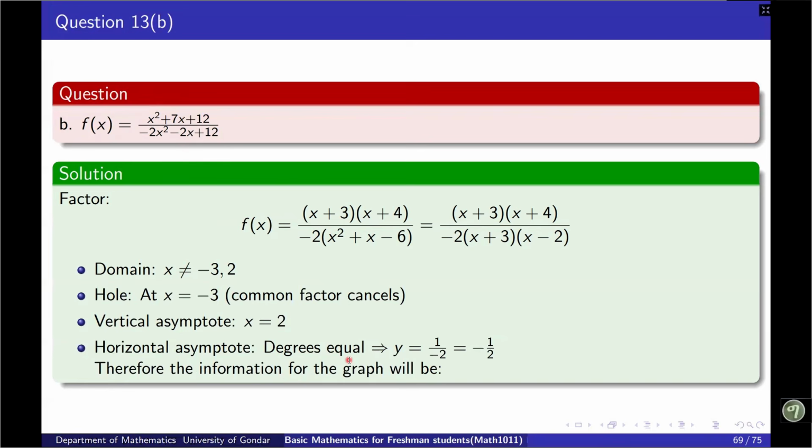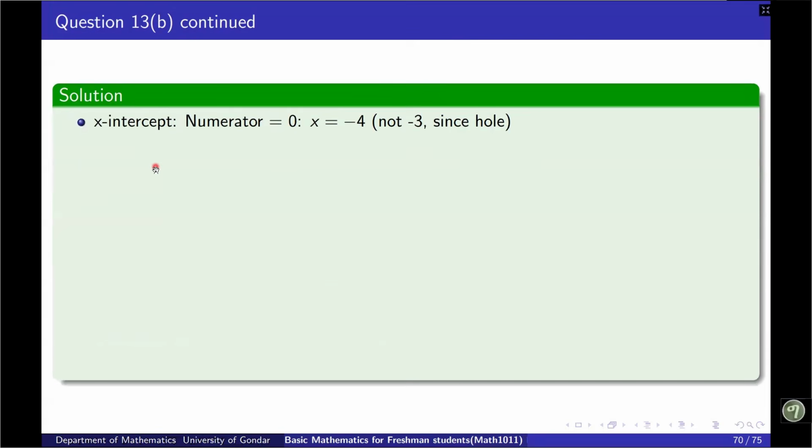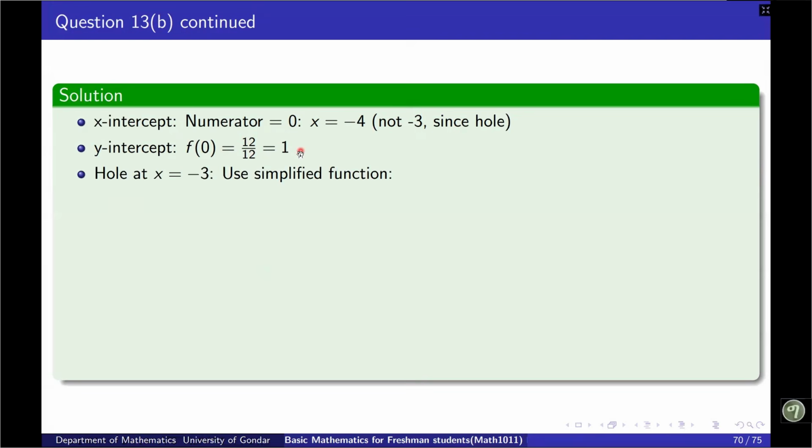Therefore, the information for the graph of this rational function is as follows. We have the x-intercept, where the numerator is equal to 0, x equal to negative 4, not negative 3, since we have a hole there. And the y-intercept is whenever x equal to 0, it becomes 12 over 12, which is simply 1, so (0, 1) is the y-intercept.